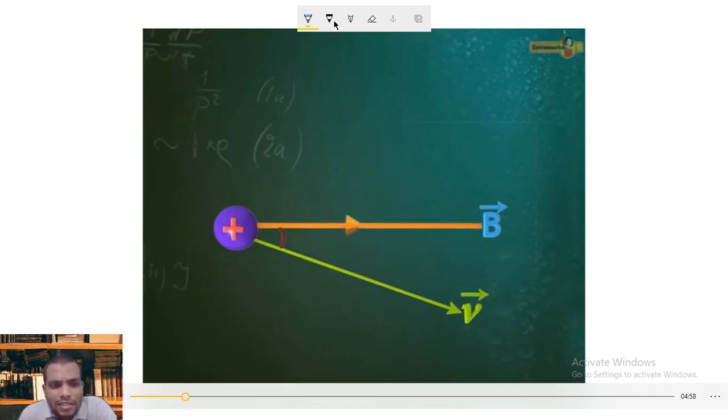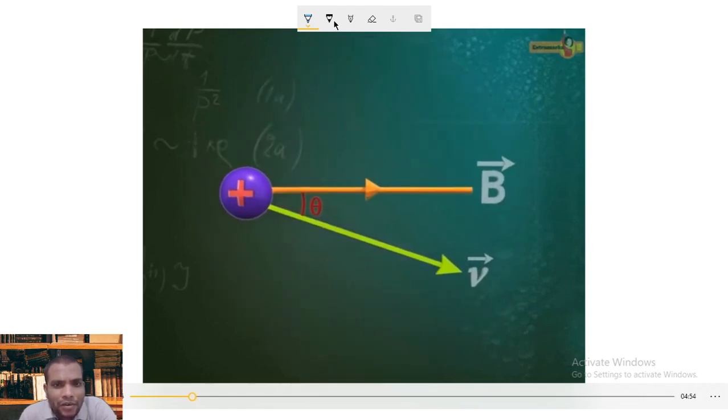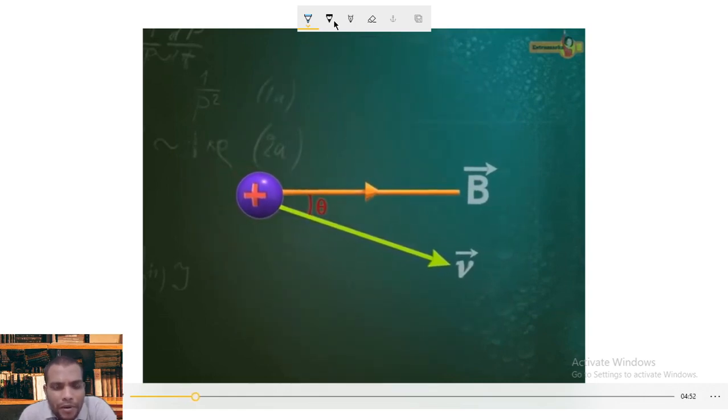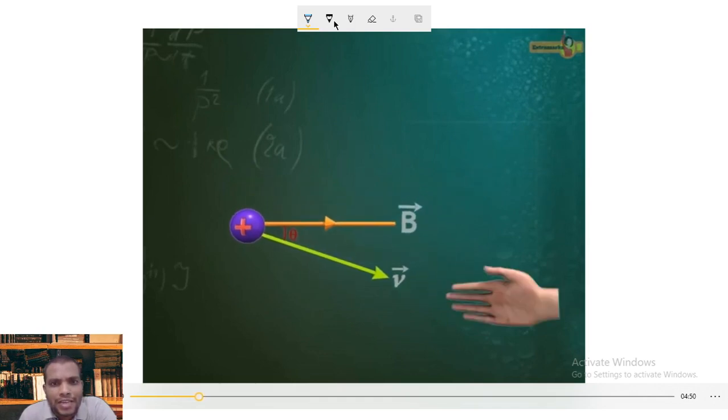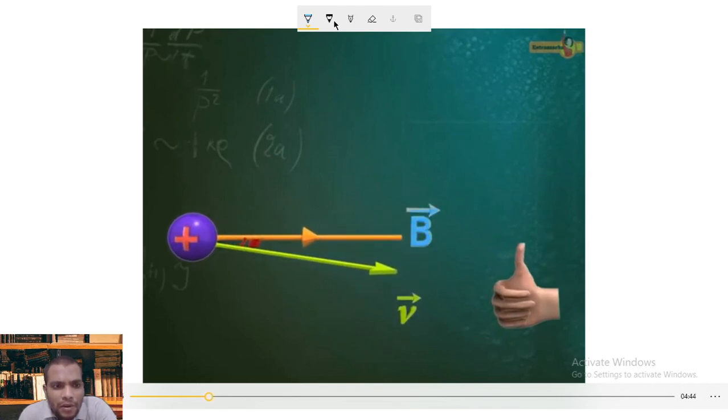If theta is the angle between the velocity and the magnetic field, then for a positive charge we use the left hand rule, and the resultant force direction will be perpendicular.